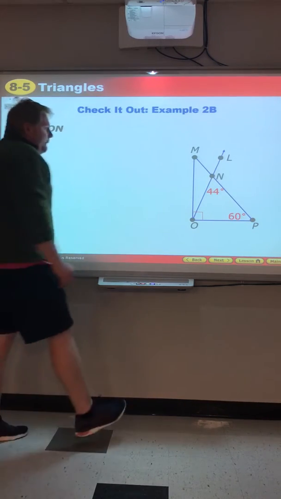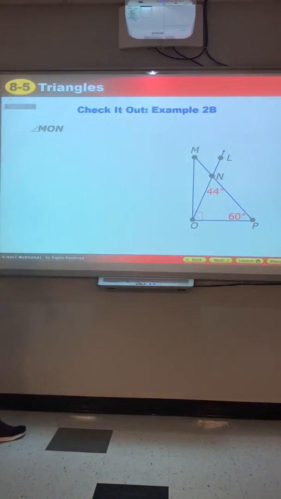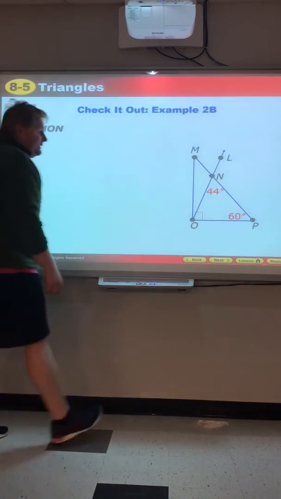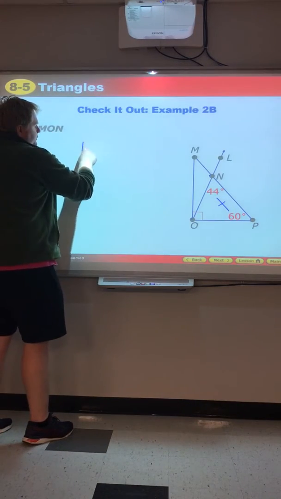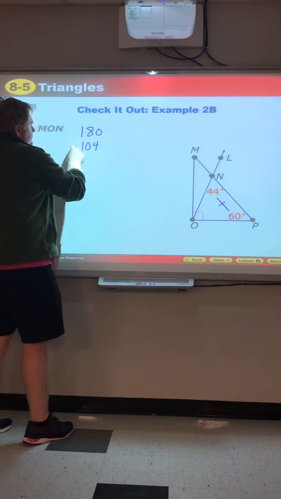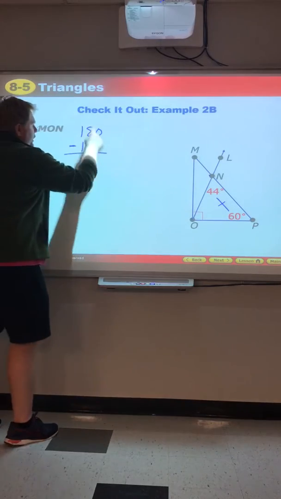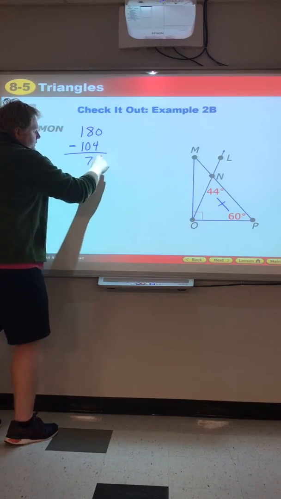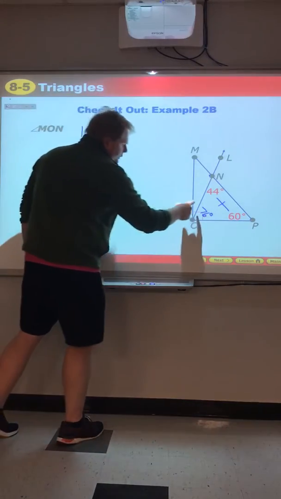Now they want to know M-O-N. I bet, if we add these two together, which would be 104, we're going to take 180, because all three of these add to 180, and we're going to find out that that's 76 degrees. This one's 76 degrees. Hold it.